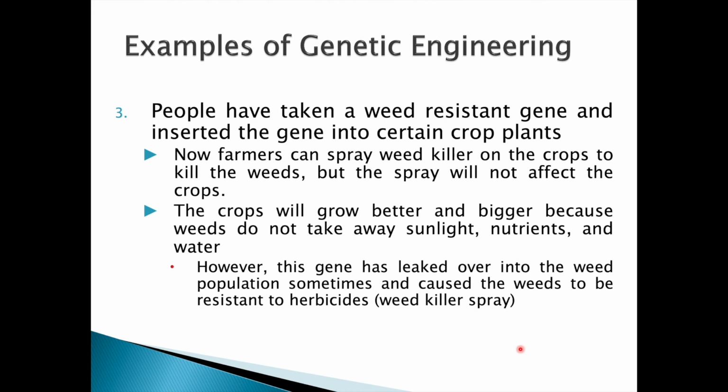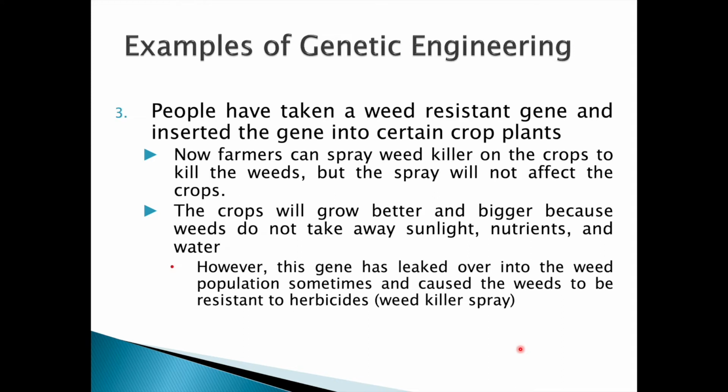The third one is scientists have taken a weed-resistant gene and inserted the gene into certain crop plants. The example of the gene which will be inserted into crop plants is the Bt gene.